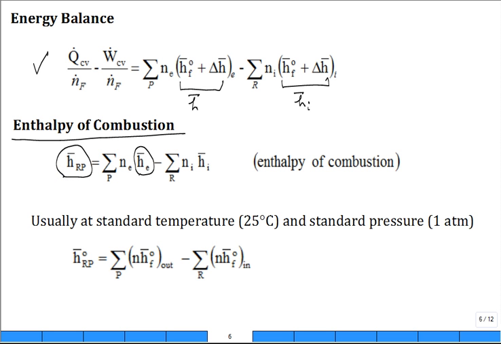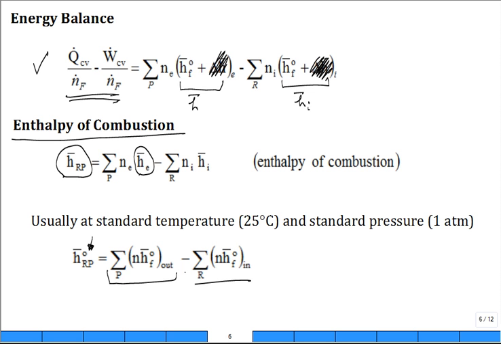Now, it's common to talk about the enthalpy of combustion at a standard temperature. So right here, put naught right there, meaning that the products and the reactants go in and out at 25 C. Then the left-hand side of the energy balance is equal to simply a sum of the coefficients times the enthalpy of formation of each product going out, and minus the sum of stoichiometric coefficient times enthalpy of formation of all the reactants coming in.